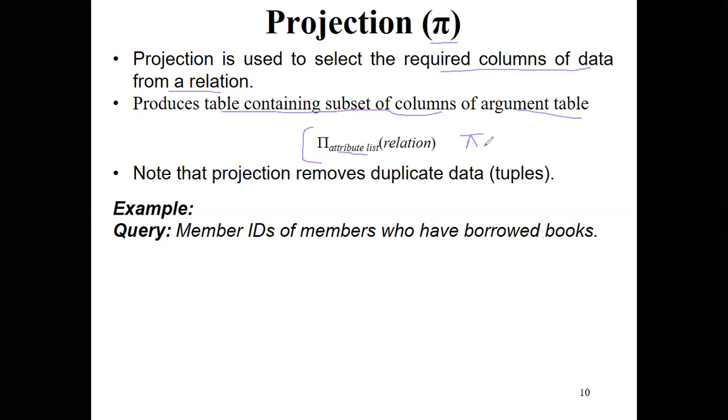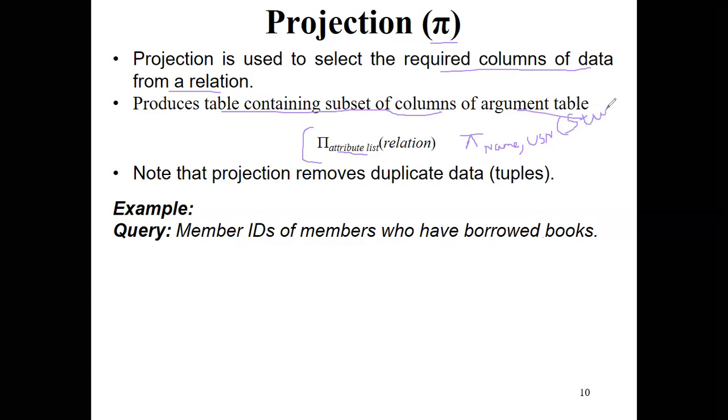So I write pi, name, then USN, with a comma because I have more than one attribute. If I wanted only one attribute, pi, name, and then the relation name. What is the relation name? Student.